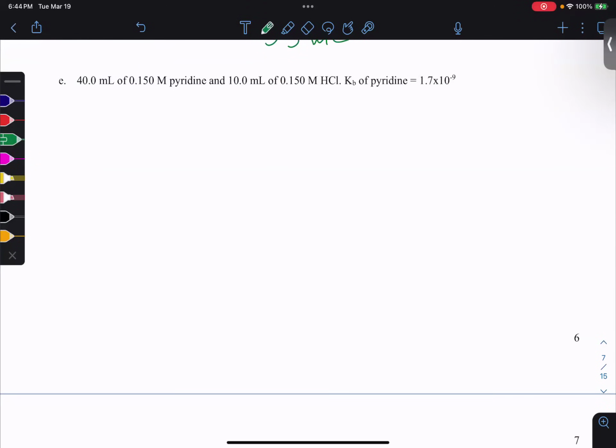40 milliliters of pyridine, 10 milliliters of HCl. Pyridine is a base, because I give you a Kb. So if we get these millimole amounts, I think this is 6 millimoles of base, and this is 1.5 millimoles of HCl.